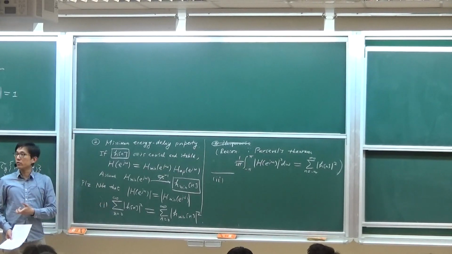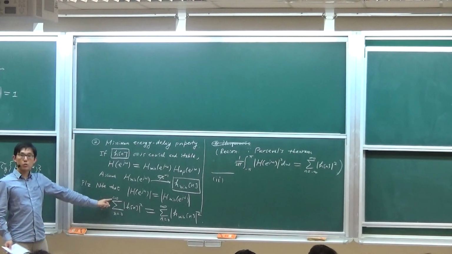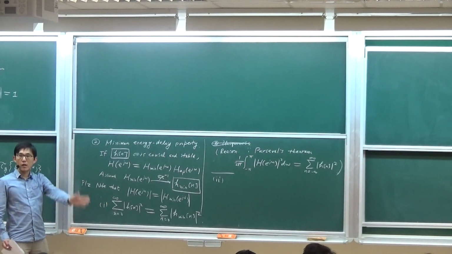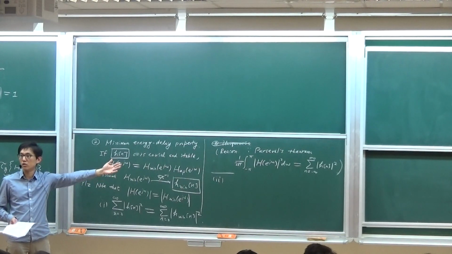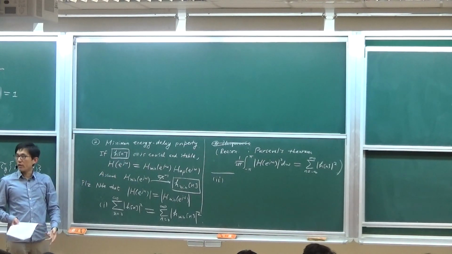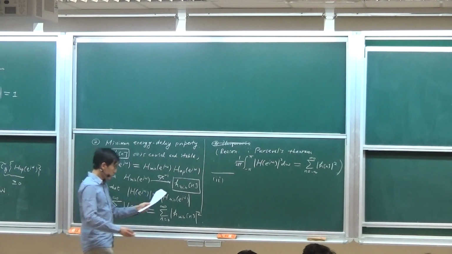The second part is quite surprising. What if we take the partial sum? This is a limit to infinity, right? But what if we stop at time big N? Take the partial sum from 0, 1, 2, 3, all the way to big N. Is there a relation? The answer is yes. There's an inequality.